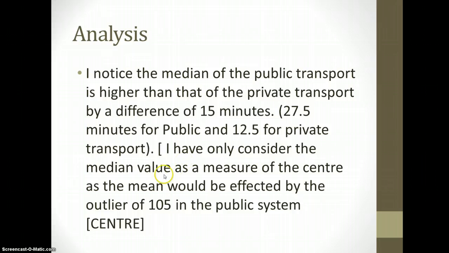I have only considered the median value as the measure of centre, as the mean would be affected by the outlier of 105 in the public system. That last sentence is not needed for achieved purposes, but it is a nice extra to show me that you have good understanding of the difference between a mean and a median.